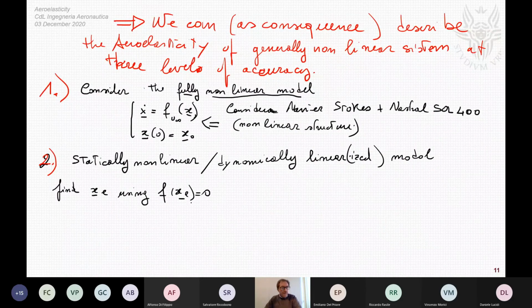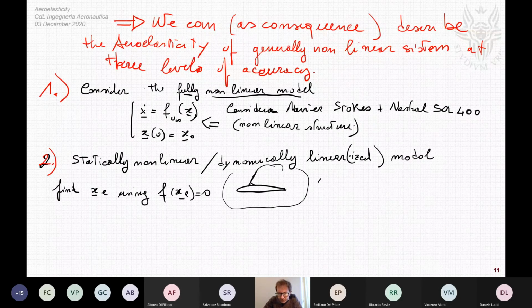So find, for example, your steady solution with a shock wave on your aircraft, with viscosity, lambda shock wave, with vorticity like here. Okay, so study this equilibrium solution.